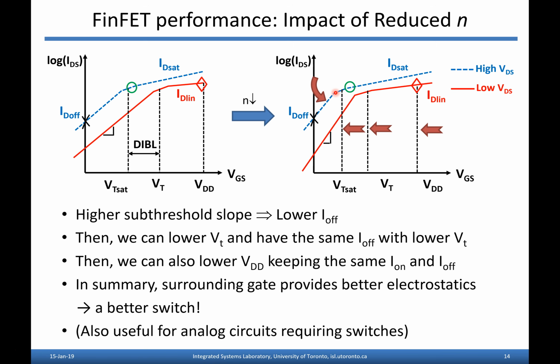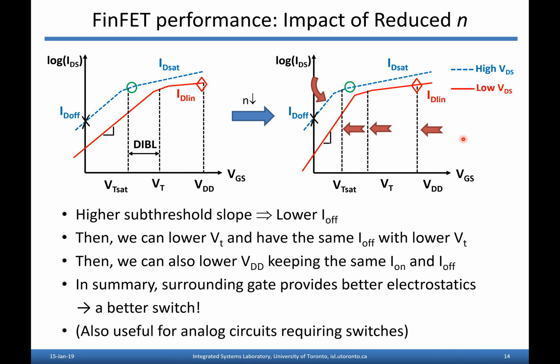So the off current goes back to where it was before with the higher value of n. The leakage is now the same as before, but you've lowered VT, so the on current's higher, right? So if you make that trade-off, you've got a faster logic gate, same leakage current, and same VDD as before.